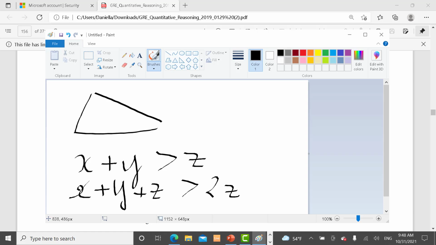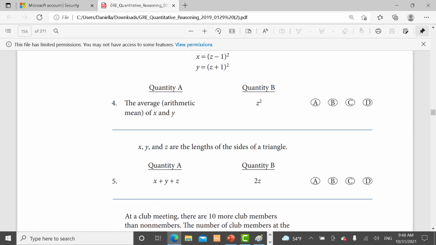It's satisfied for all cases of x, y, and z as long as the triangle exists. So for this one, quantity A is greater than quantity B. I apologize. My first guess was wrong. It should be A is greater than B because x plus y plus z is always greater than 2z. So the correct answer here is A.